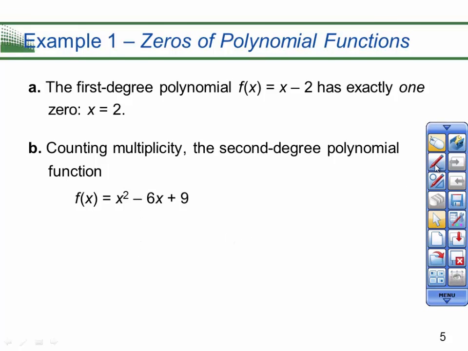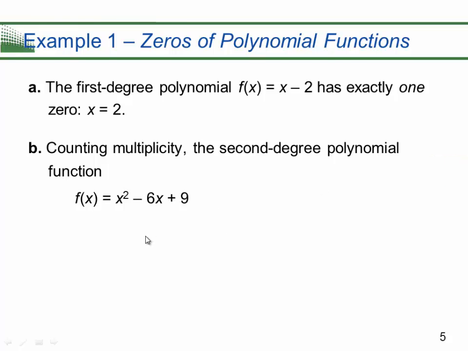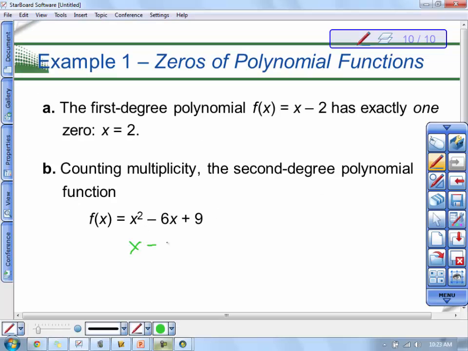Okay, we can factor this into x minus 3, x minus 3. In which case this has two real zeros at x equals 3, so it has a multiplicity of 2. Okay? So it's a second degree, and it has two real zeros.